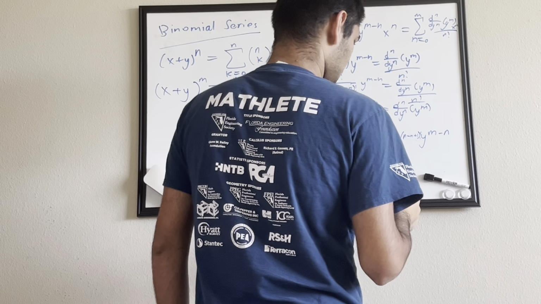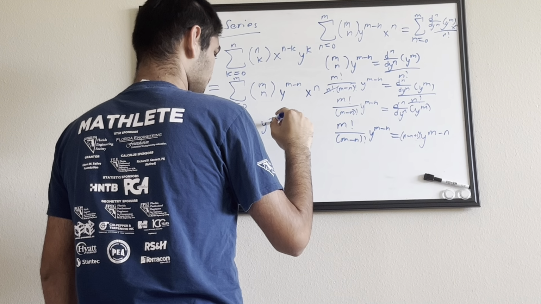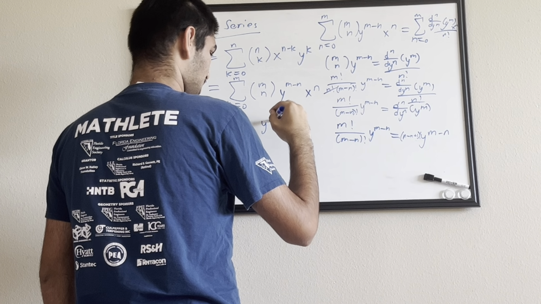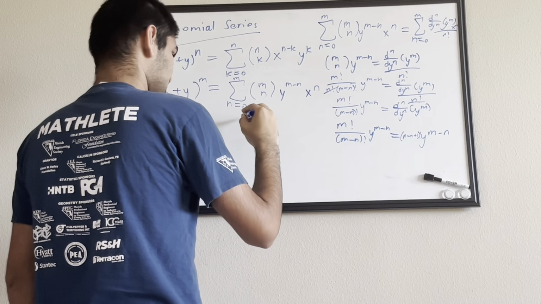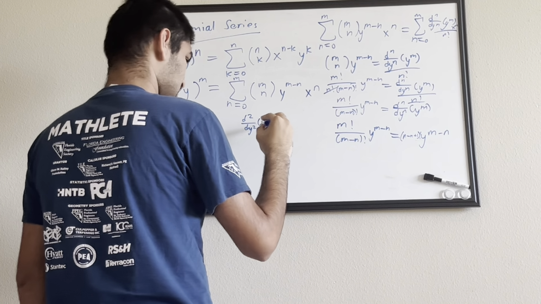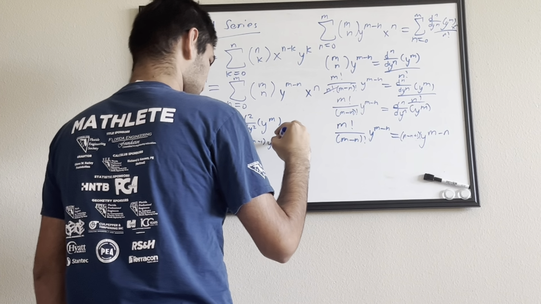Right? Let's do an example. If you have y to the m and take the second derivative, you'd get m times m minus 1 times y to the m minus 2.